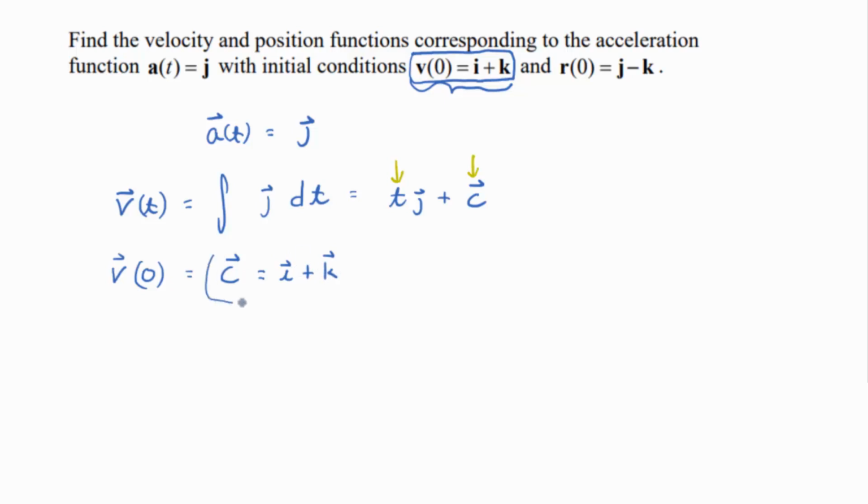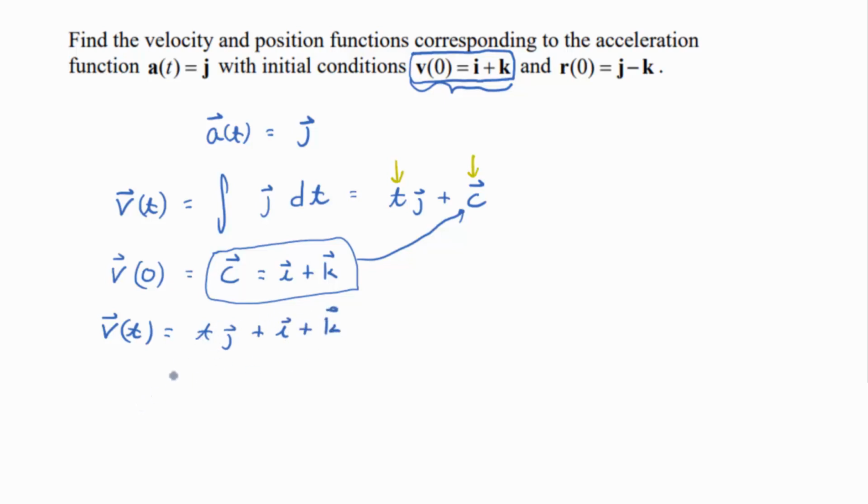And then I would just fill this in here and do the component-wise addition. So if I do that, I get v of t with no constant. In fact, I'll write out what I get. I get t times j plus, it's just i and k, so there is no j component to combine with it here.